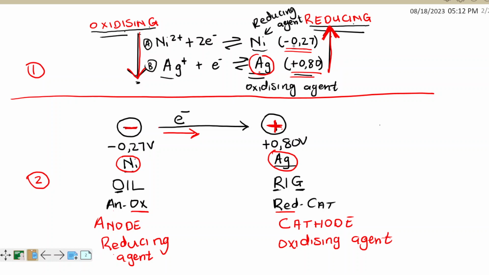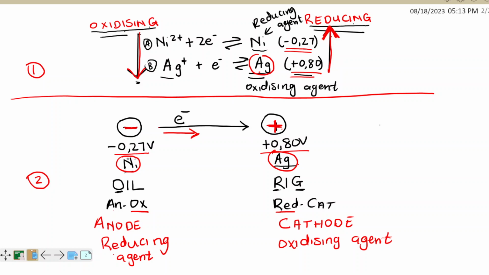You can see it's nickel, negative 0.27, then you put it on the left. Then the one which is positive 0.80, you put it on the right. So here we say, okay, I have nickel on the left, I have silver on the right. So electrons will move from the nickel to the silver, from the region of lower to the region of higher.